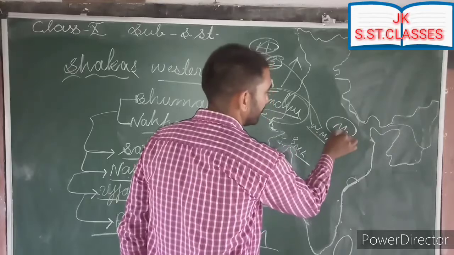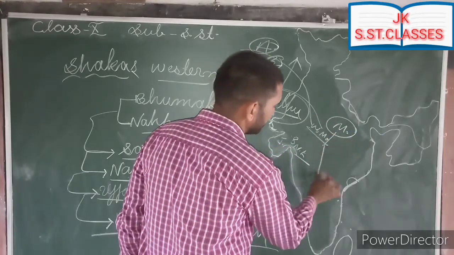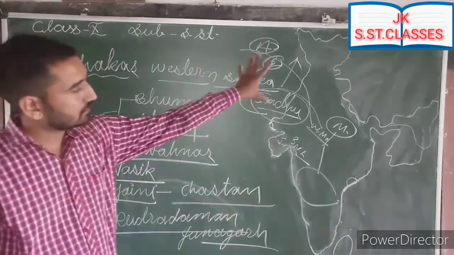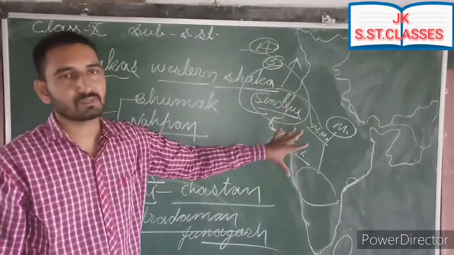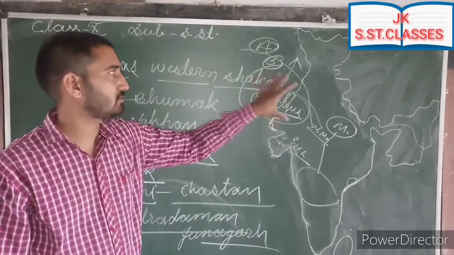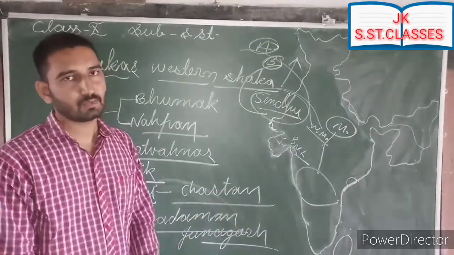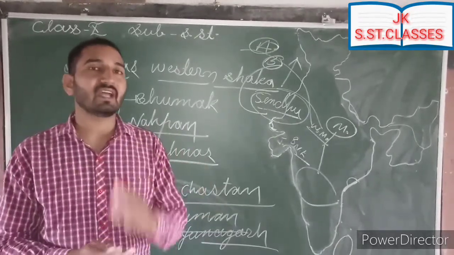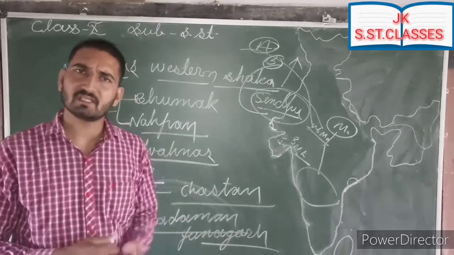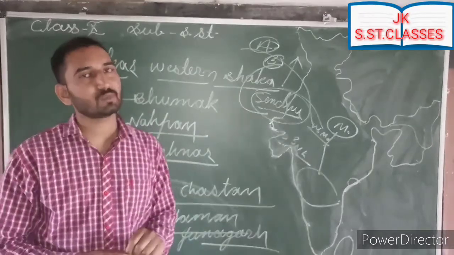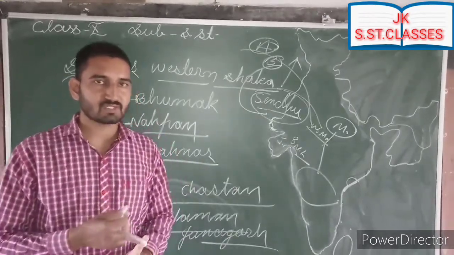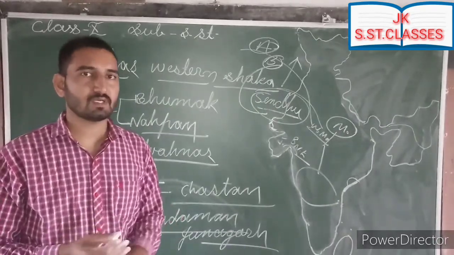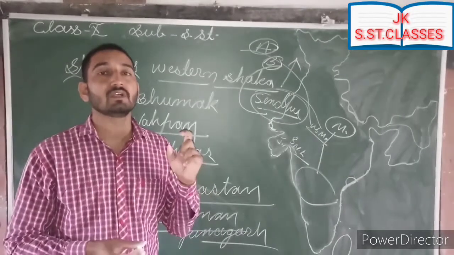From Mathura they reached Avanti and then the region of Maharashtra. In this way, most of the country was under the control of the different branches of the Shaka dynasty. There were four major Shaka dynasties in India: Shakas of Takshashila, Shakas of Mathura, Shakas of Ujjaini, and Shakas of Maharashtra, or the Western Kshatrapas.